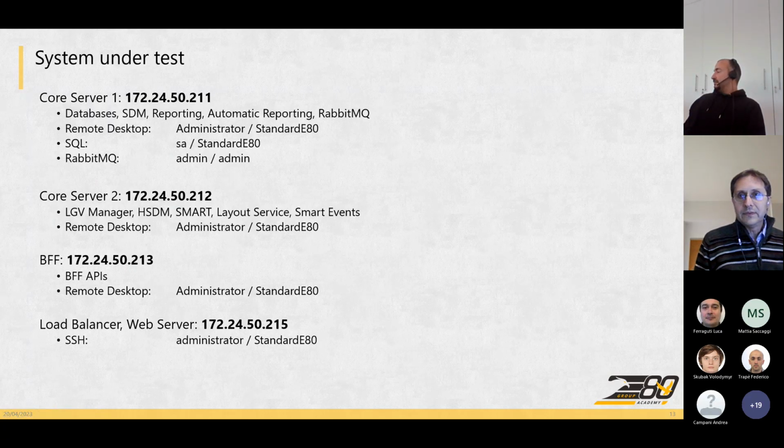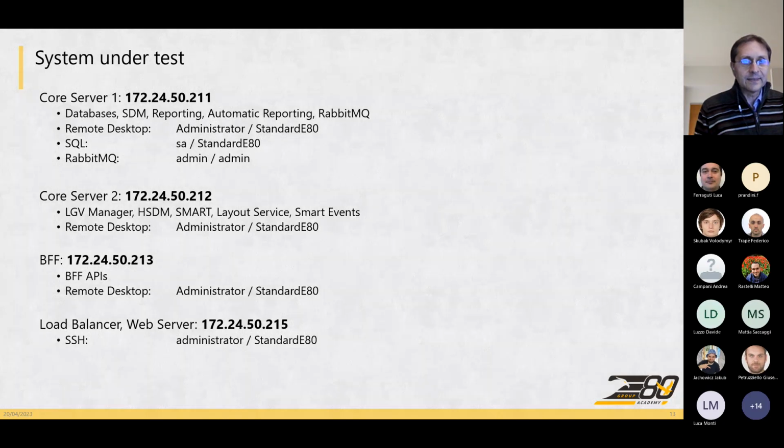I'm going to give you the credentials for all the accesses, but as you know, especially for the remote desktop, we can have only one session. So we are looking for a volunteer for each problem we observe, and the person who volunteers will be guided through the troubleshooting guide and will try to understand what's going wrong and fix it.